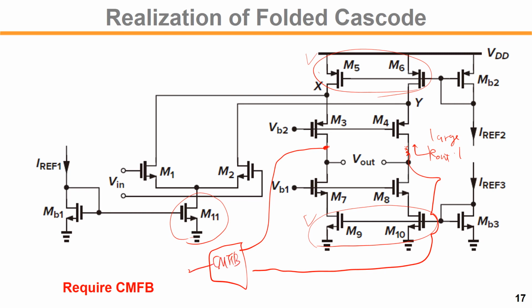They use that common mode to adjust either one of the current source, 1, 2, or 3. We have to adjust the current level so that the output common mode is at the desired level, right?